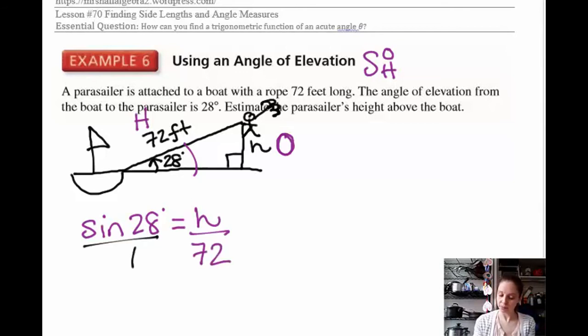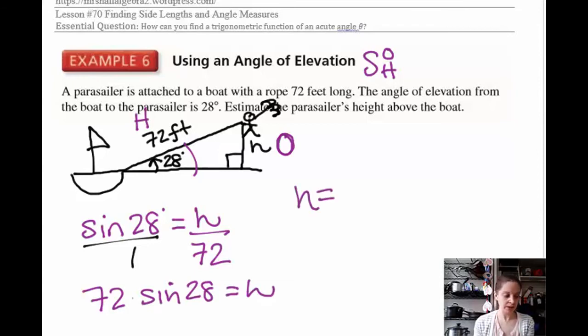I set it up as a proportion, and I have 72 times the sine of 28 equals h. Put that in a calculator, and the height is approximately 33.8.